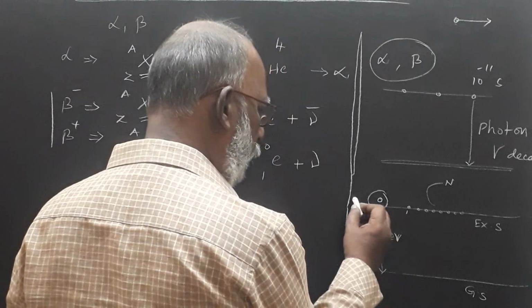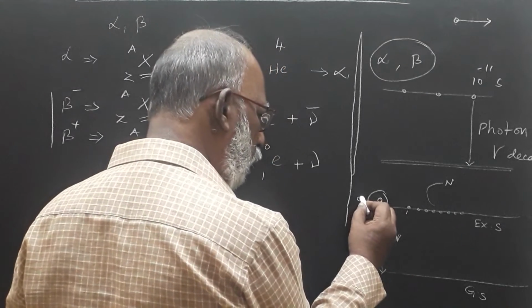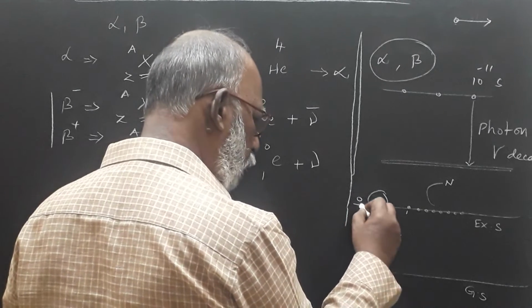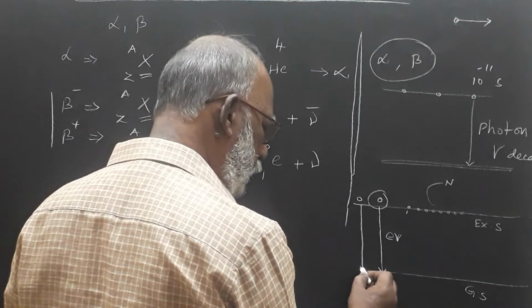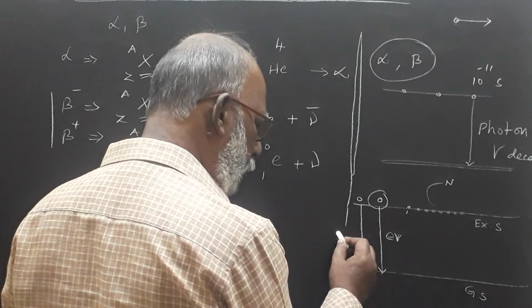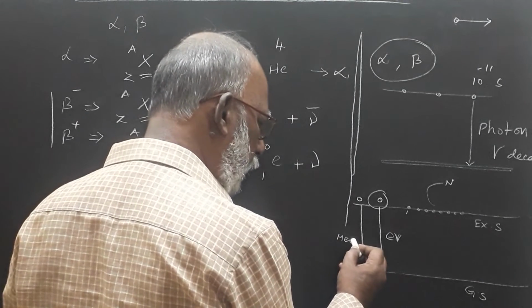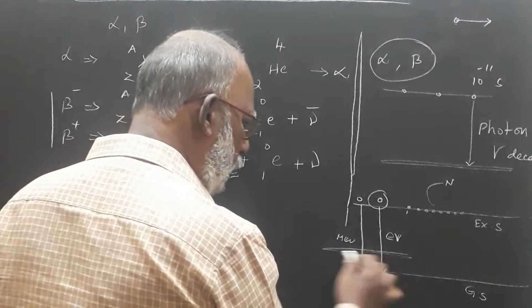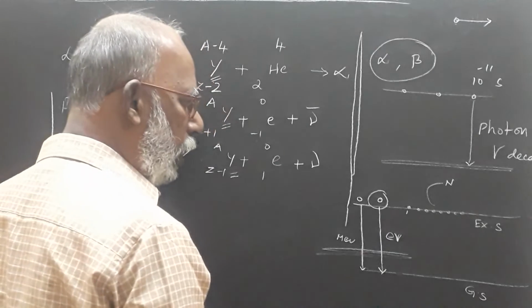In case you consider the nucleus itself jumping from the excited state to the ground state, then there may be a million electron volts of energy transmitted. That is the main concept that you have to clear.